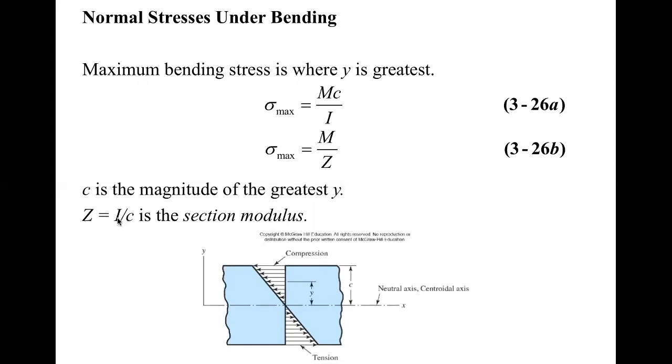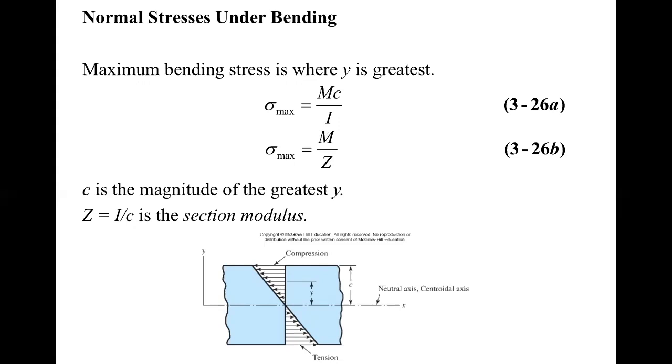I depends on the cross-section area, and c also depends on the cross-section area. So basically, Z depends on the geometry of the cross-section. You can rewrite this equation: sigma maximum equals M over Z, where Z equals I over c. Just moving this c down, you get the section modulus I over c.